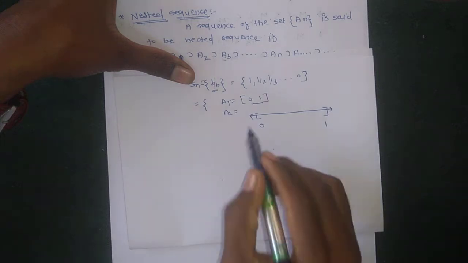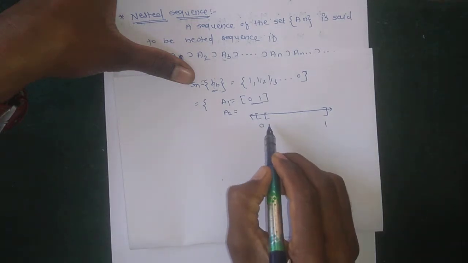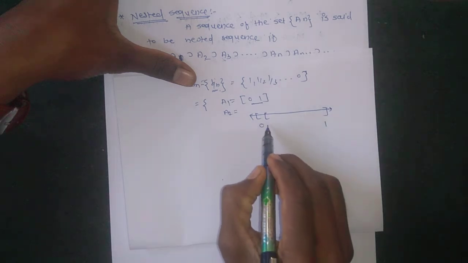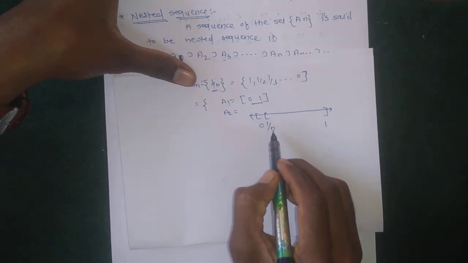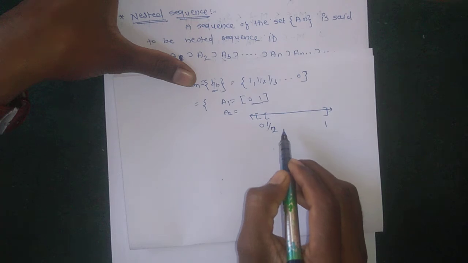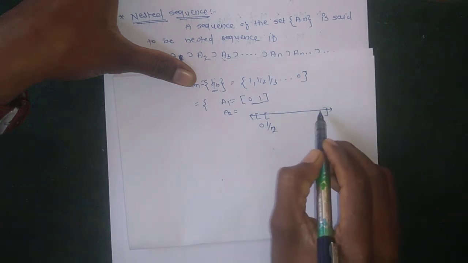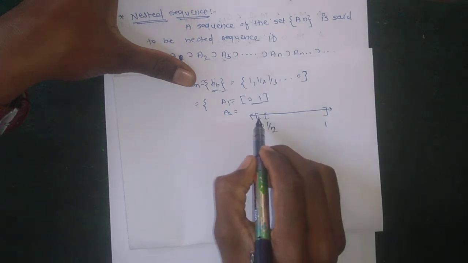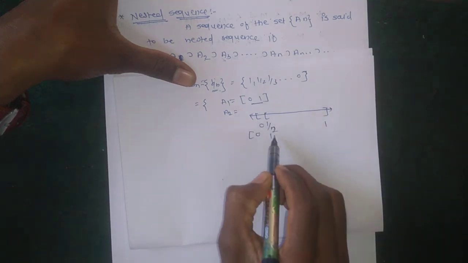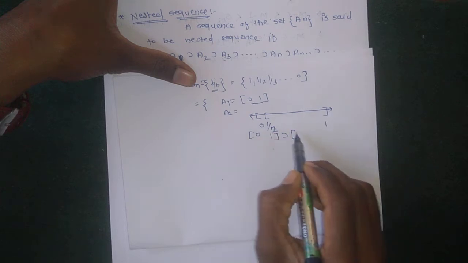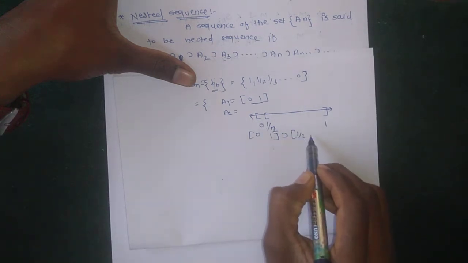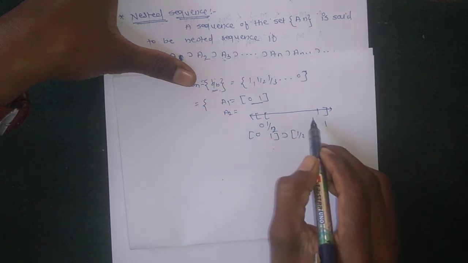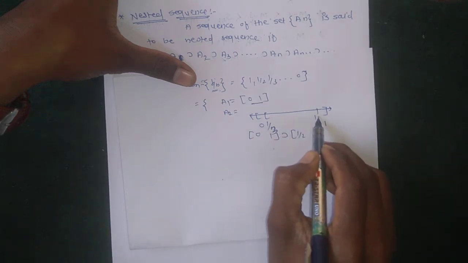Then dividing this closed interval 0 1, we take 1 by 2, and here take any number, suppose 1 by 3 and here 1 by 2.